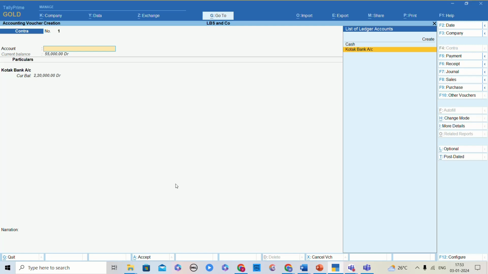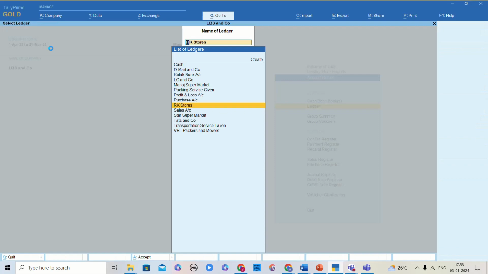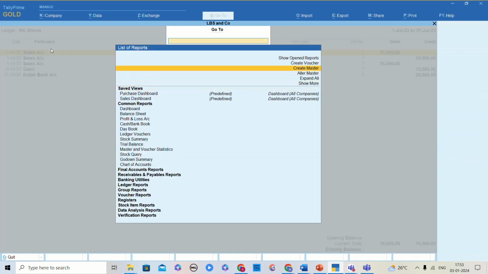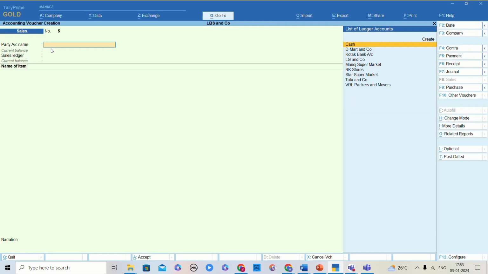So in these scenarios, in contra, in front of the account, you should select the account to which the benefit is going, or the account whose balance is increasing. Now for example I am depositing some cash into bank.